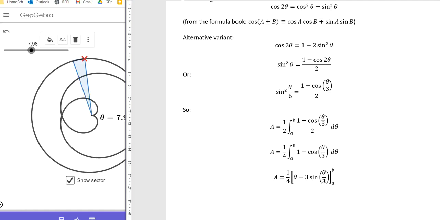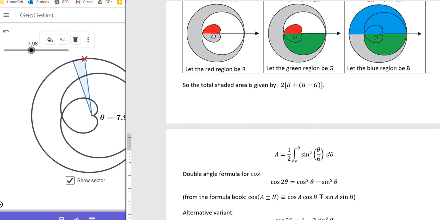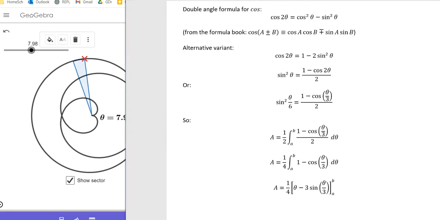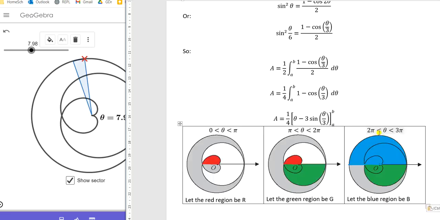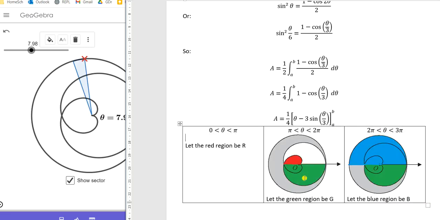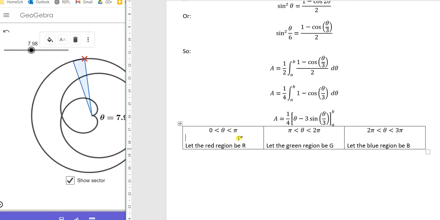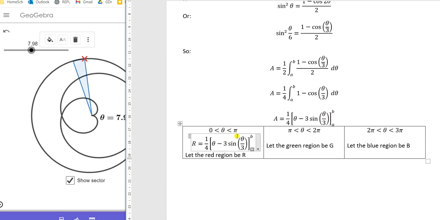Now I can calculate the three specific integrals I was interested in, which was these three here. I'm not going to bother with the diagrams for now. I've done the hard work of figuring out exactly which bits I want. I can now say that r is equal to this, but with a 0 and a pi.